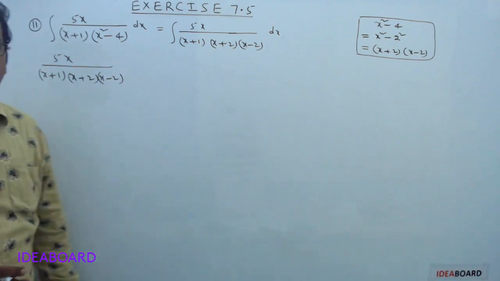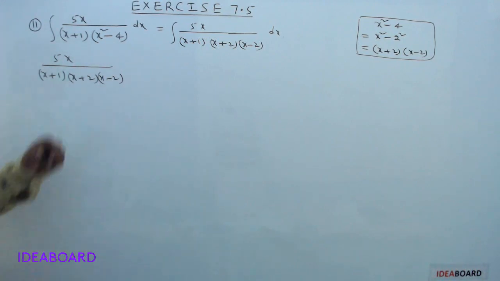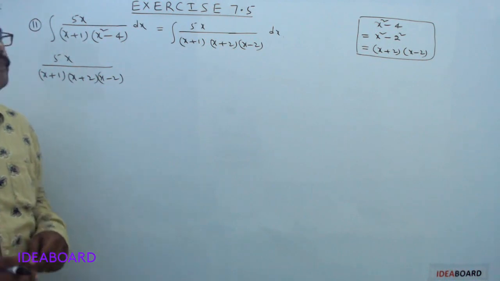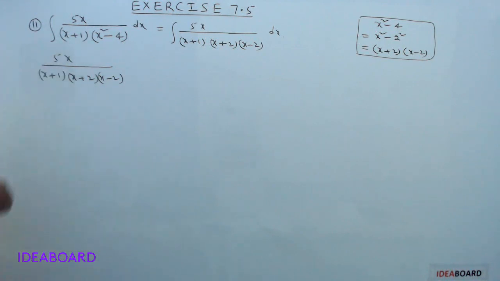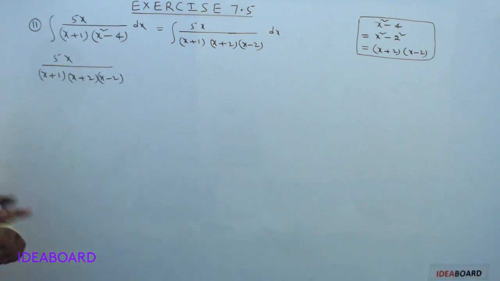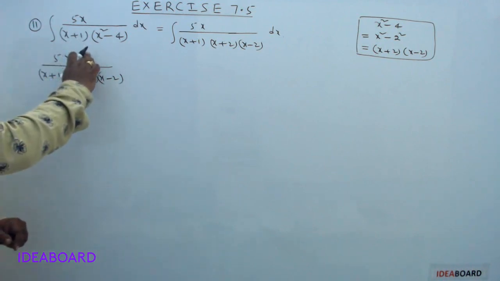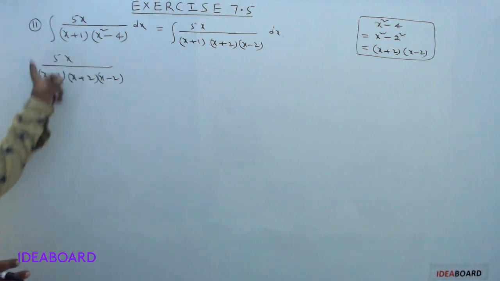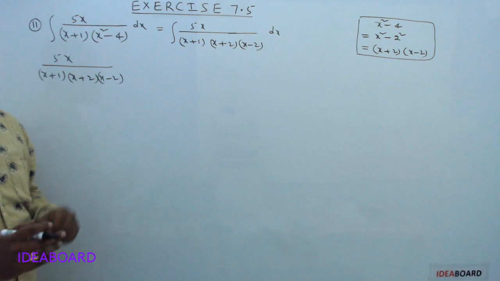First you have to verify whether this rational fraction belongs to type 1 or not. Degree of numerator is 1, degree of denominator is 3. Clearly the degree of numerator is less than the degree of denominator, so it is a proper fraction.